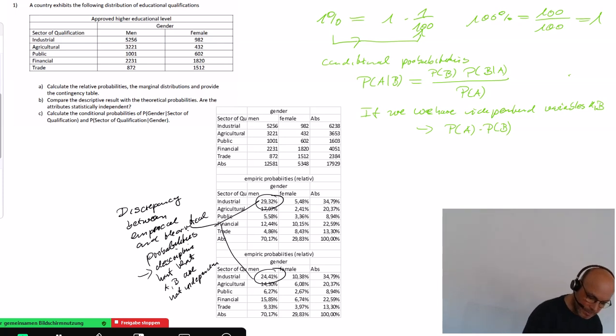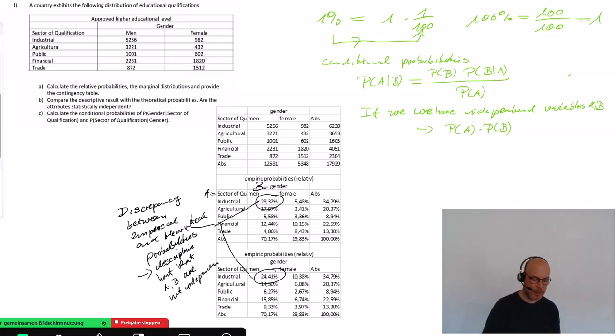Well, maybe I should also put in here that A is the sector qualification and B is the gender, to be man or female. Okay, so this is just a revision of what we have done in the beginning of this lecture. Let's go on.